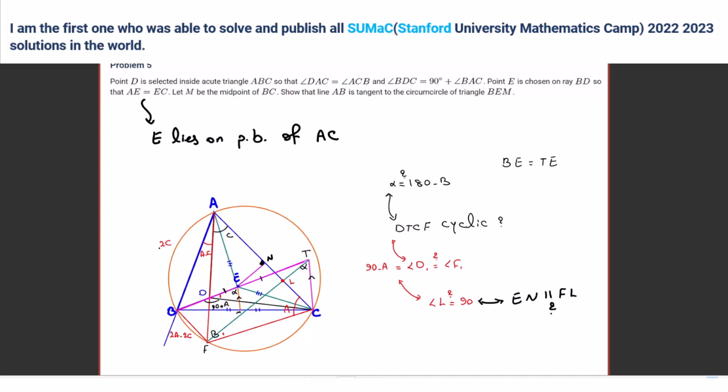This one is parallel to this one. Can we say this line, for example, is parallel to anything? Pay attention to this. What can we say about this quadrilateral? Cyclic? No, it's a trapezoid. It seems to be an isosceles trapezoid, right?